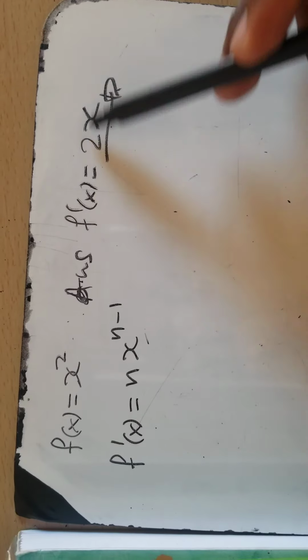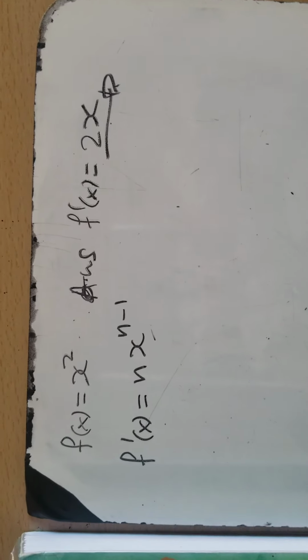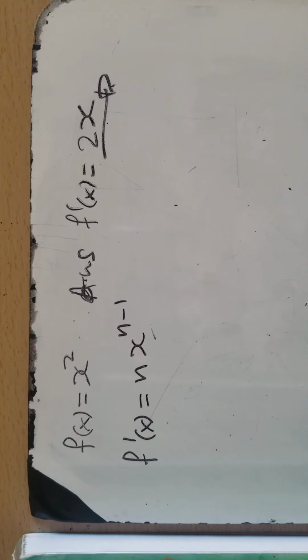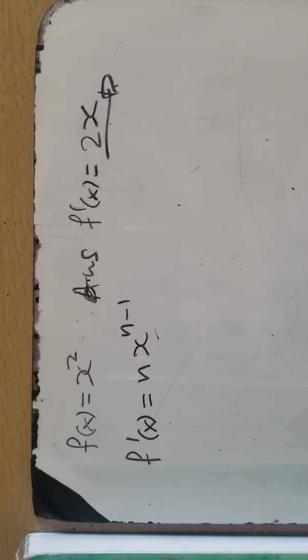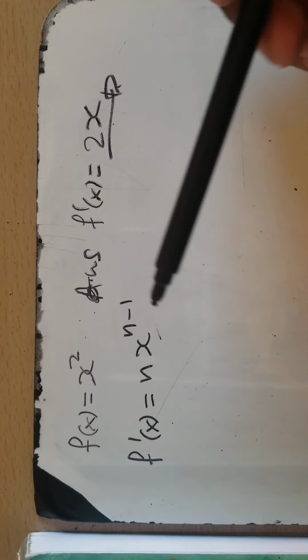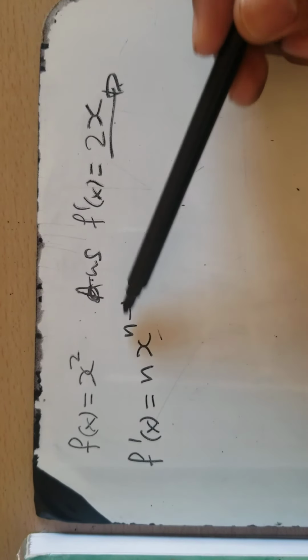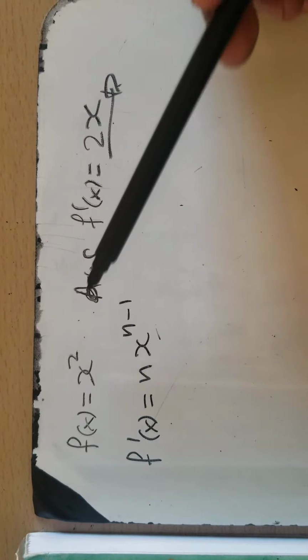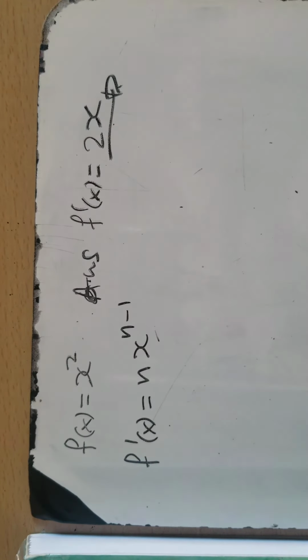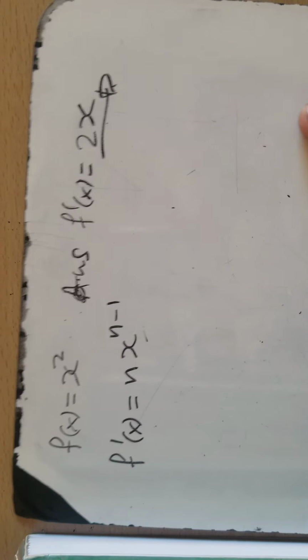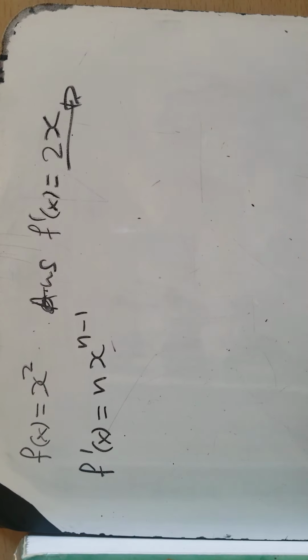Not all the time do you have to derive using first principles unless you are told. If you're only told to derive, this is the general formula that you can use. You don't have to go as far as first principles, though you will get the same answer. So let me help you derive this using this general rule.